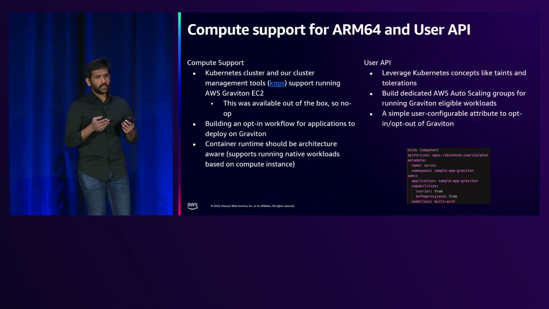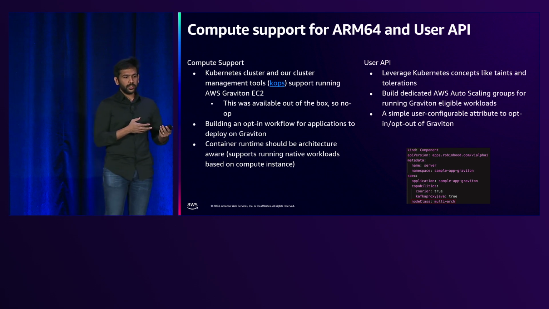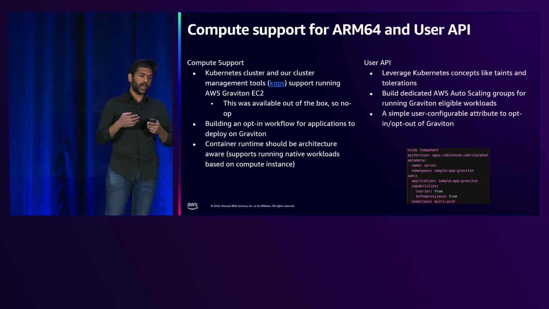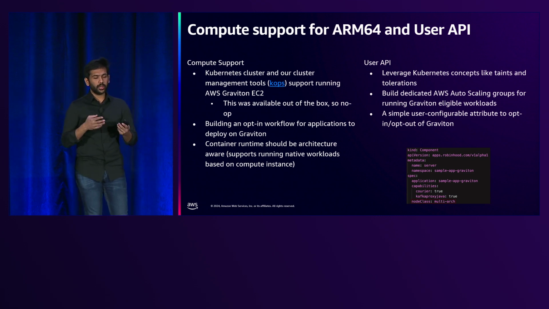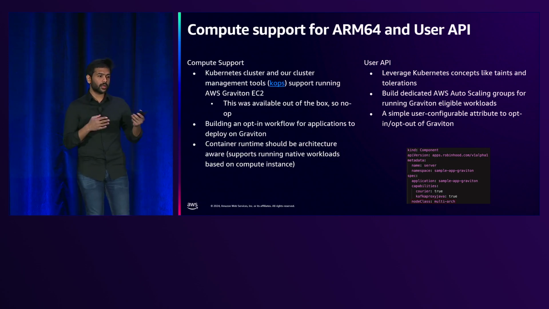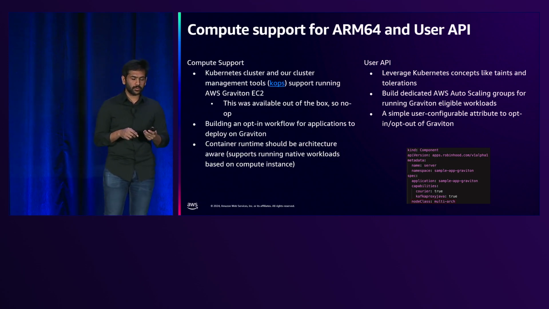Our Kubernetes clusters use autoscaling groups behind the scenes. So what we did was we created dedicated ASGs for Graviton, and we deployed the workloads on these dedicated ASGs so that the process is fungible and the rollback is much, much more straightforward.